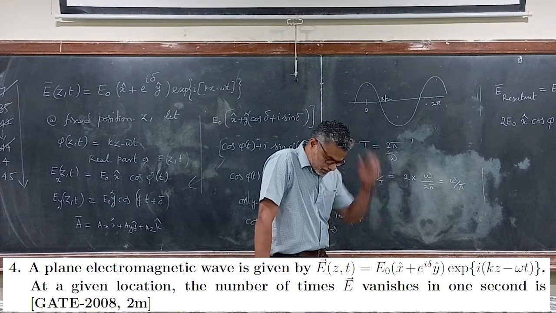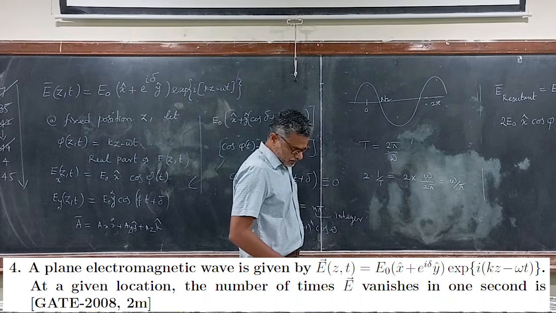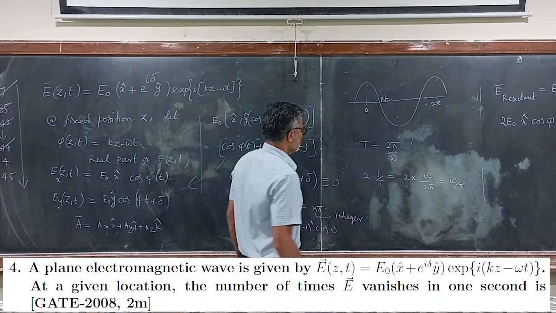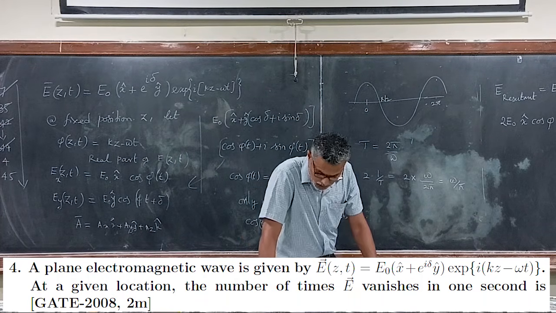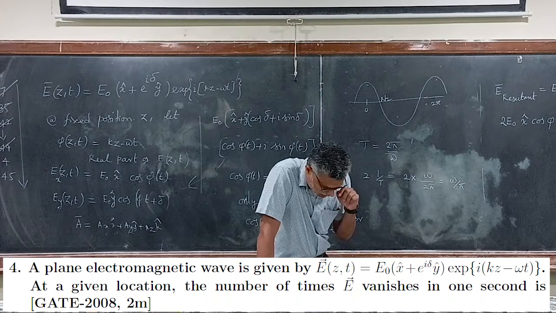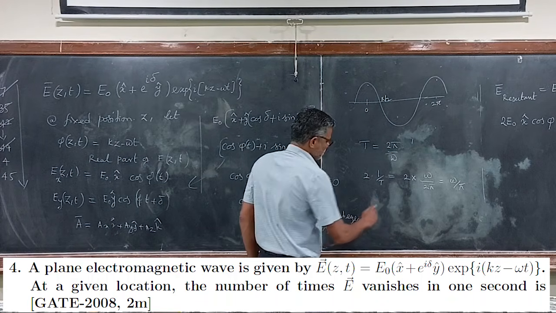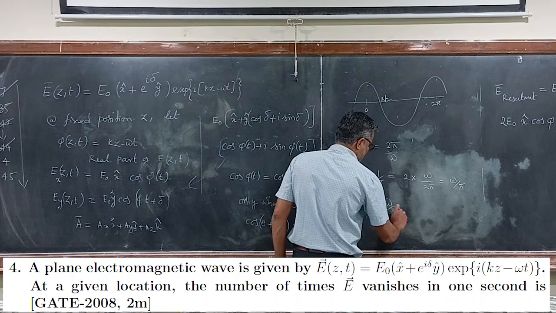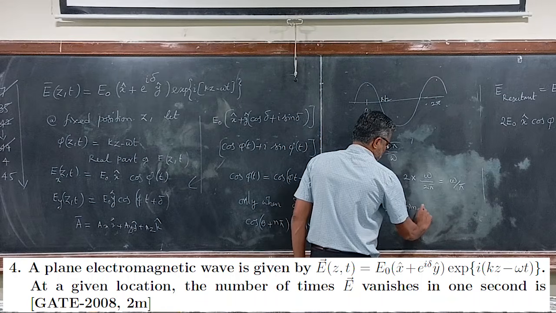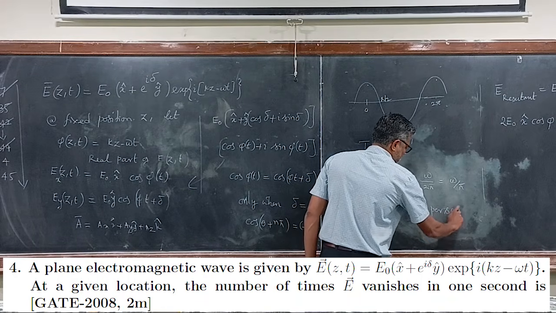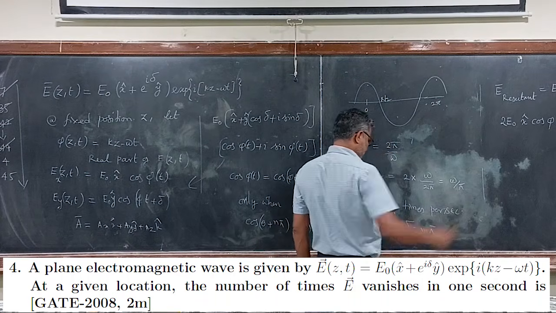If delta is not equal to an integer times pi, this vanishes only when n times pi. So the options, if you see here: omega divided by pi times per second when delta equals m times pi or n times pi.